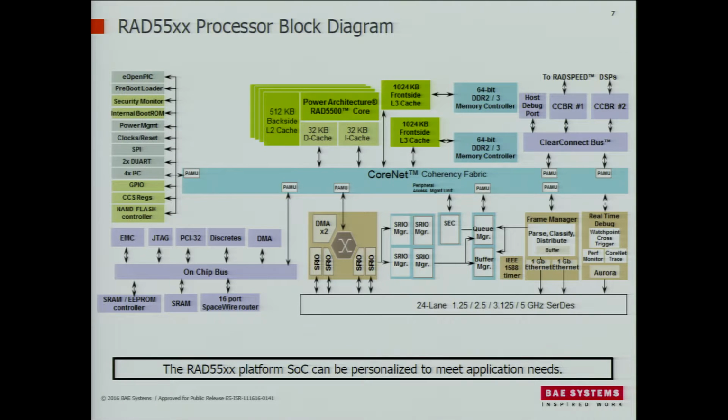So continuing with the rest of the Freescale IP, over here on the left, there's a whole stack of other functions in the system. Some of the more significant ones to point out, there's a NAND flash controller. There's an I2C controller. That's important because I2C is part of the SpaceVPX standard. There's power management.